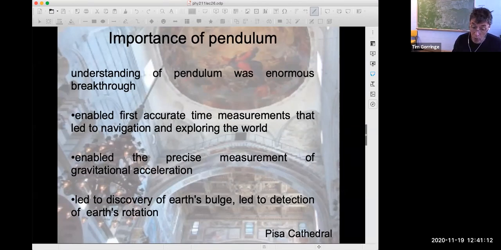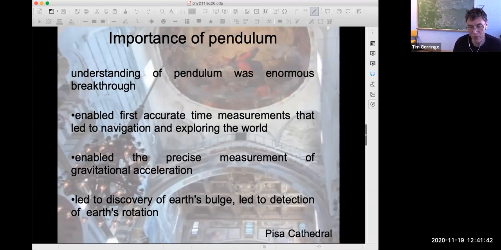Okay, there are several important reasons that the pendulum was a real breakthrough. It was the point in human history when there first became precise measurements of time, which facilitated navigation by ship or boat and the exploration of the world.